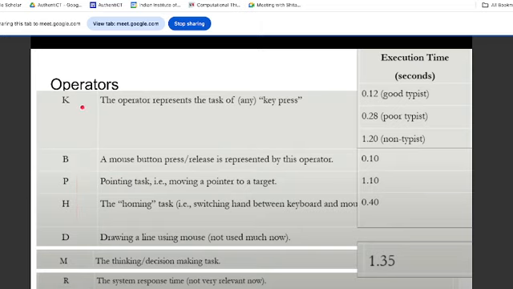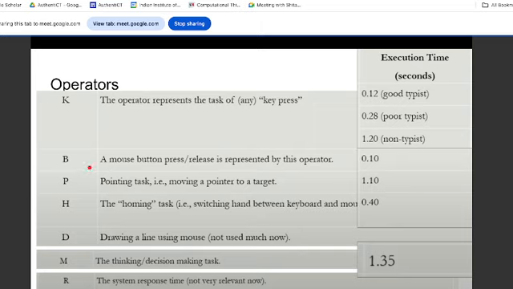Suppose I am performing the action of a key press after taking my pointer somewhere, then it would be represented as PK. So I first took the pointer somewhere and then clicked, say, enter. Or maybe I clicked a button. To click a button, I'm taking the pointer somewhere, so PB would be the action sequence.